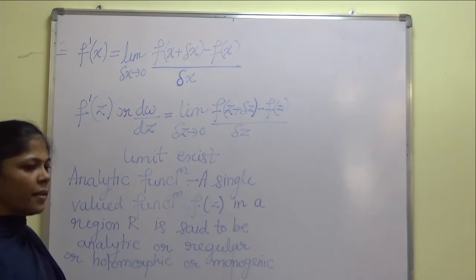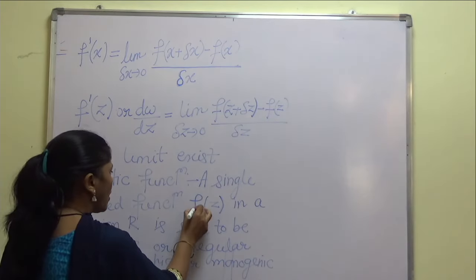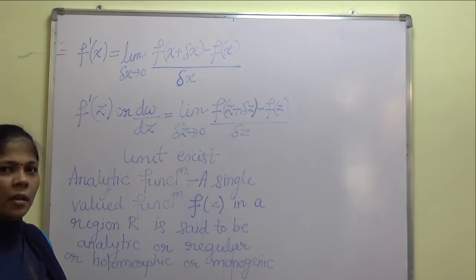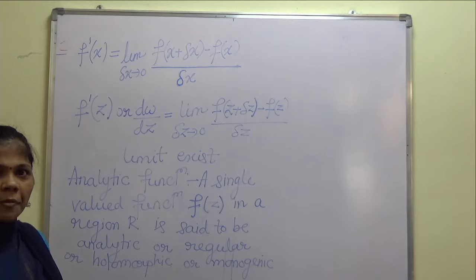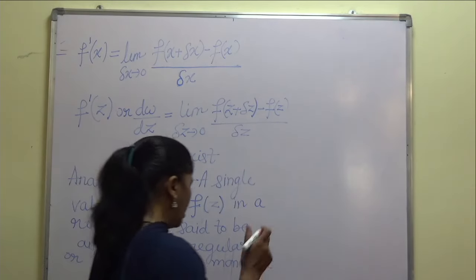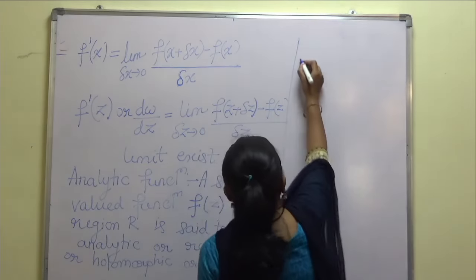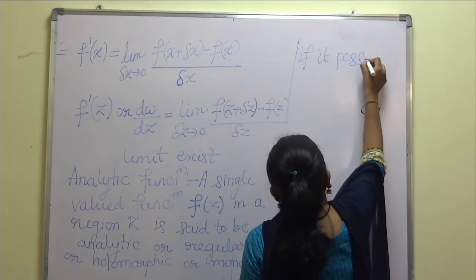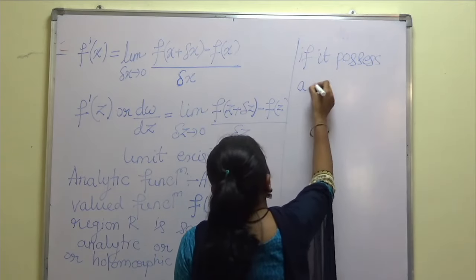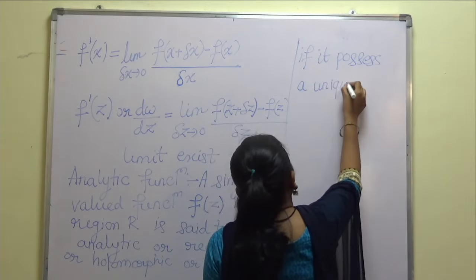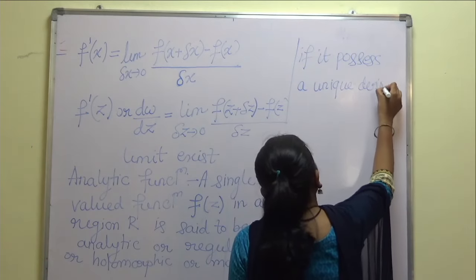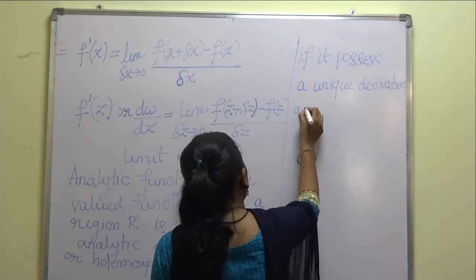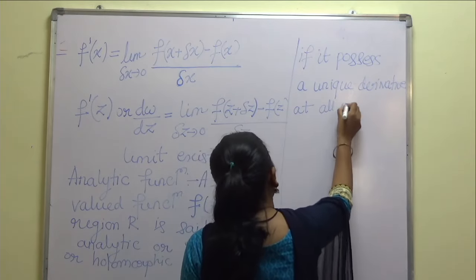So a single valued function f of z is said to be analytic, regular, holomorphic or monogenic if it possesses a unique derivative, if it has a unique derivative at all the points of the given region.